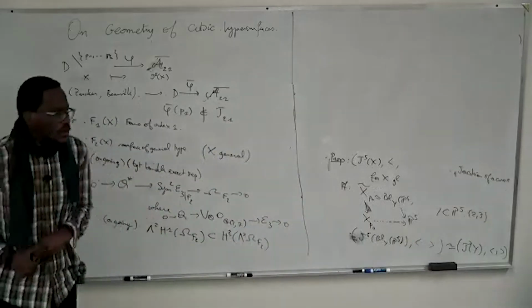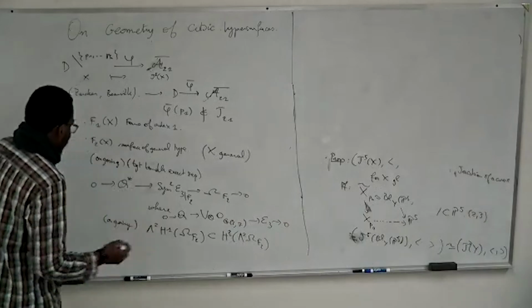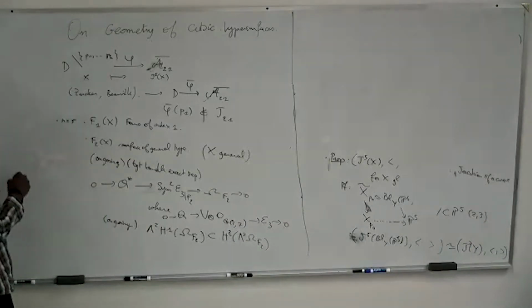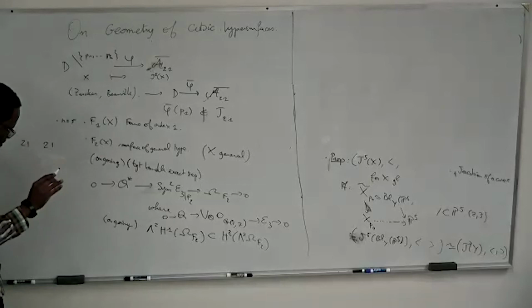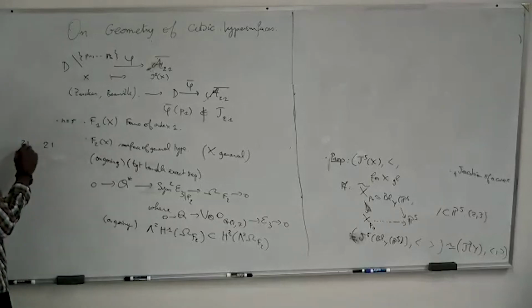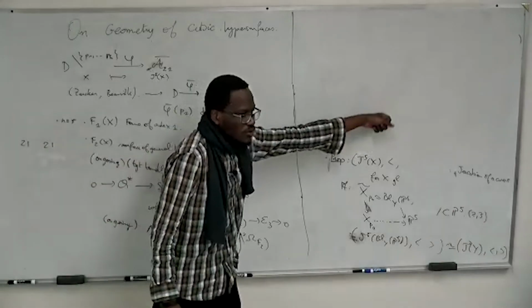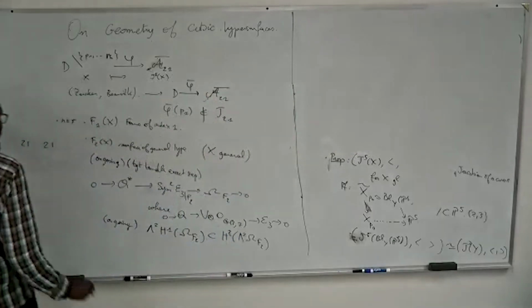But I just know H1 and H2. H1 is 2020, sorry, H1 is 2020 because we know this isomorphism between the Albanese and the intermediate Jacobian.